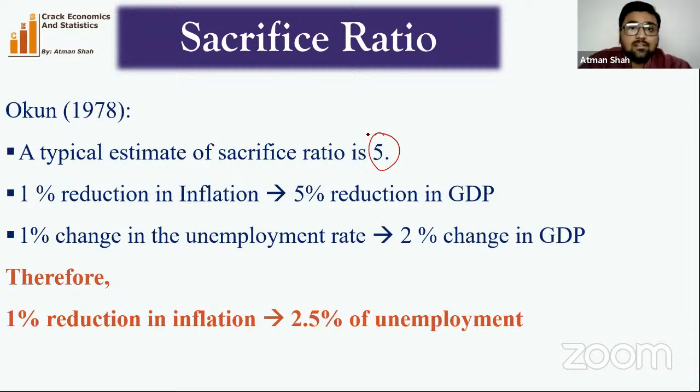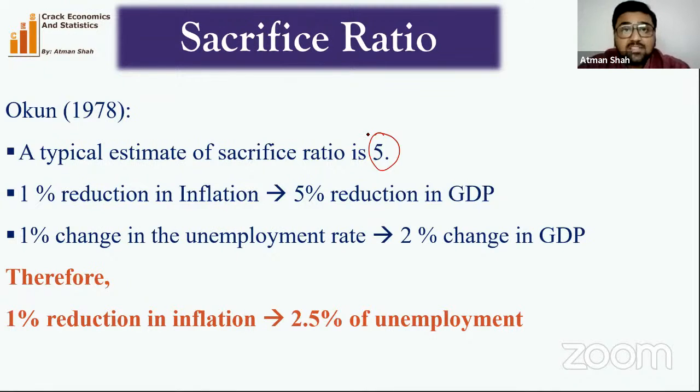And that shows that when policymakers target the variables when they make the policies for the economy, if they target the inflation, they have to pay the price in terms of higher unemployment, and if they target the unemployment, they have to pay the price in terms of higher inflation.